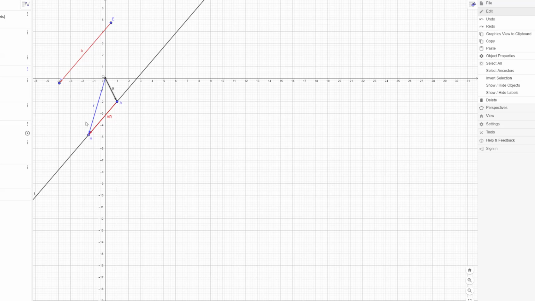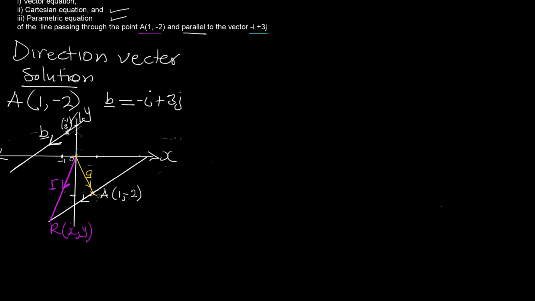Now we find an arbitrary point R on the line, which we are going to label as vector R. To get to this point R, an arbitrary point on the line whose equation we want to find, we can move from O to R directly. On the other hand, we can also move from O to A and then A to R. A sketch of the scenario is shown here.